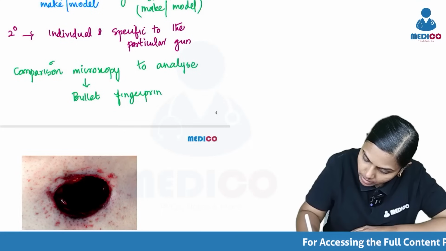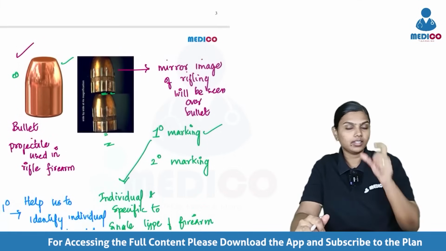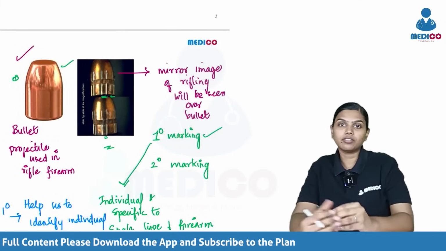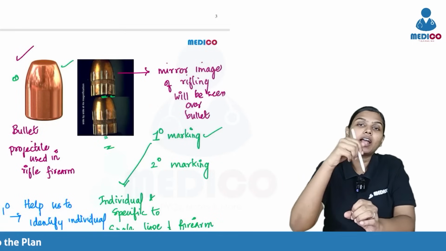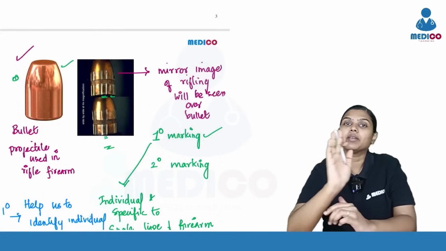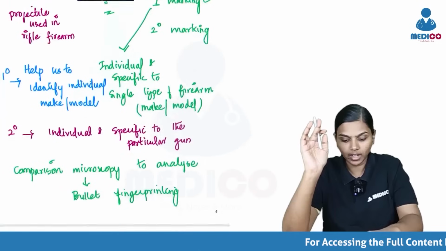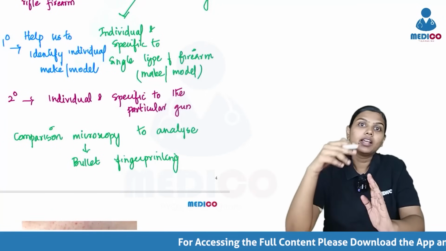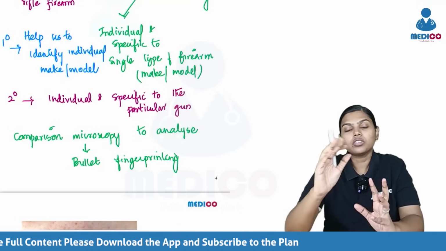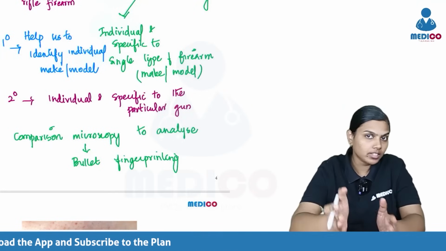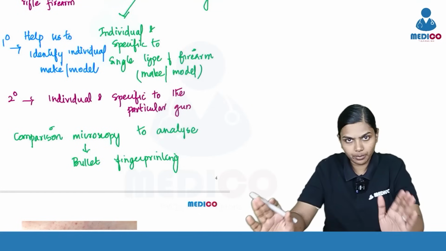So the projectile, that is the bullet, when it is coming out of the rifle, will take the marking, that is primary marking, because of the rifling marks inside the gun. Primary marking will help us identify the make and model of the gun, and secondary marking will help us identify the exact gun. The process of finding this out uses a comparison microscope, and the whole process is known as bullet fingerprinting.